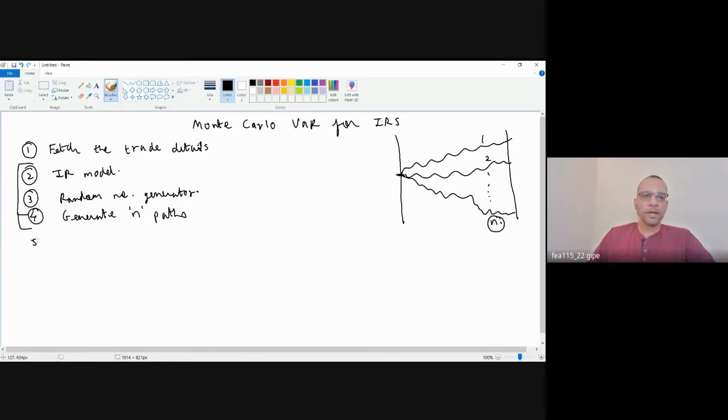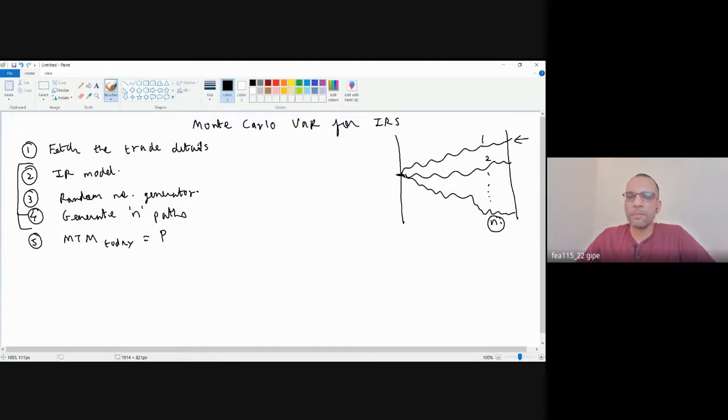Once that is done, I can calculate the price of the IRS today because I have the closing rates for today. So I can price the value today, which I can call the MTM today. Let's say I call this capital P, using the same terminology which we had used for our HSVAR. Then I start using each path one at a time.